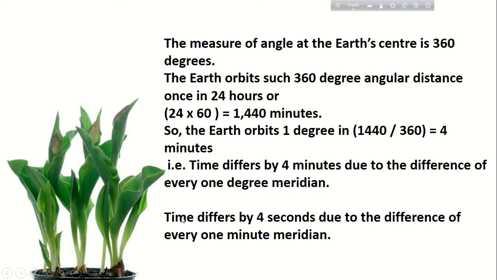And another piece of information: time differs by 4 seconds for every 1 minute of meridian difference. That is, to move 1 degree, 4 minutes are needed, and to move 1 minute, 4 seconds are needed. So you can use the single bar and double bar in mathematics for degree, minute and second as the distance of the earth's rotation.